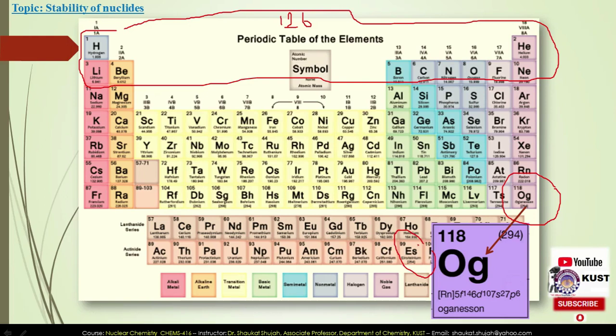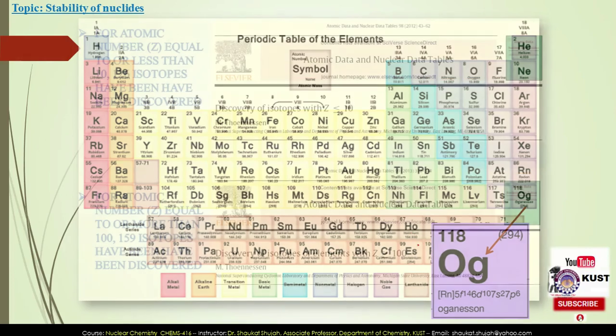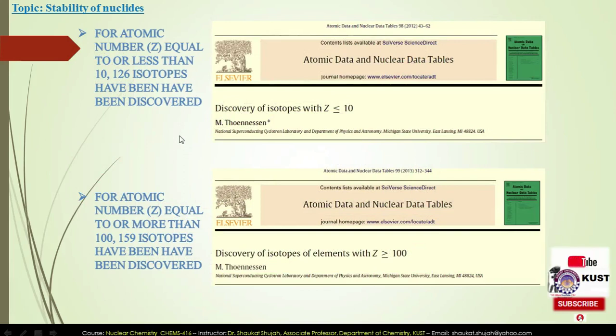The details of these discoveries have been compiled and the methods of their production discussed in these two articles published in Atomic Data and Nuclear Data Tables, a journal of Elsevier.